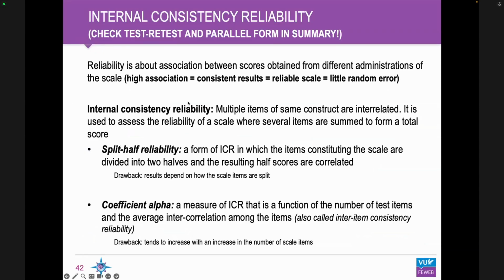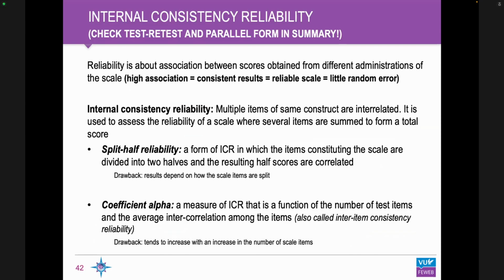And internal consistency reliability means that the items of the same construct are interrelated. So in this case, we have two types of reliability: split half reliability, where you basically split the items into particular groups and check if these items are correlated.